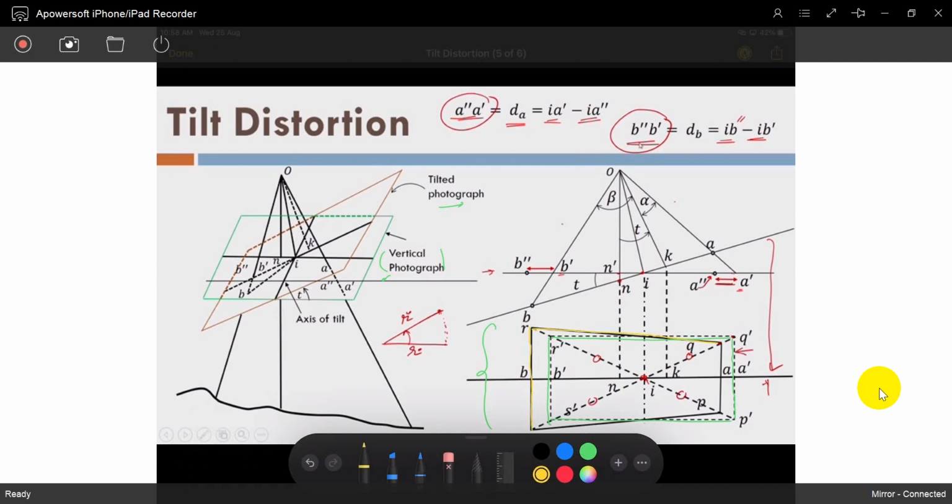It comes out trapezoidal. Observe, it's just tilting towards this direction, upward. The same image will come like this.